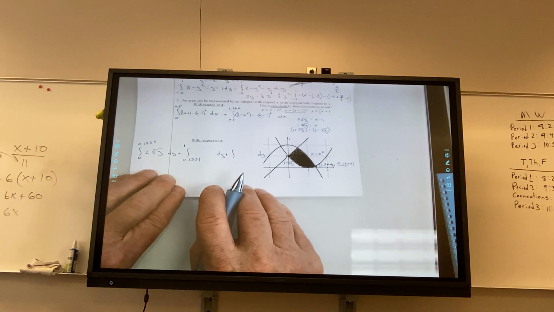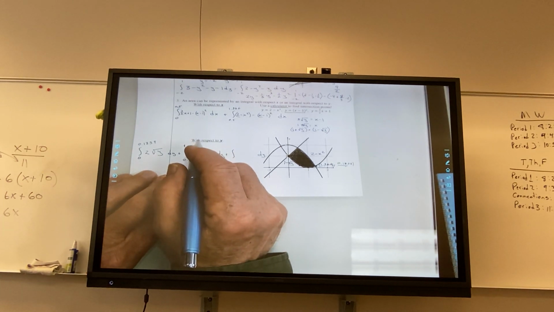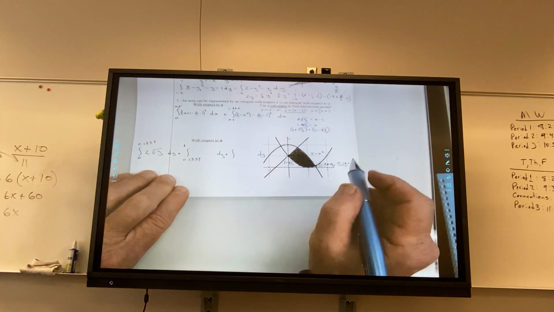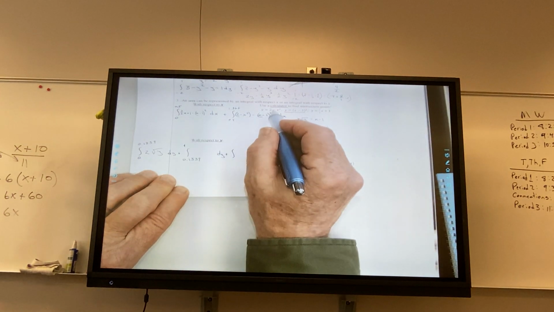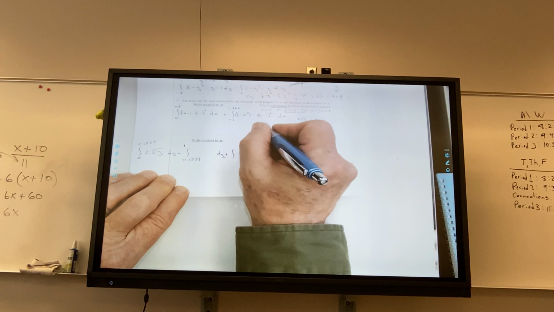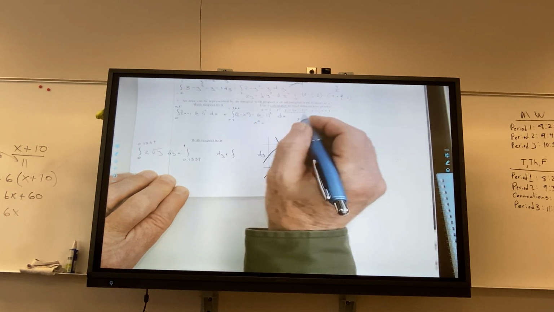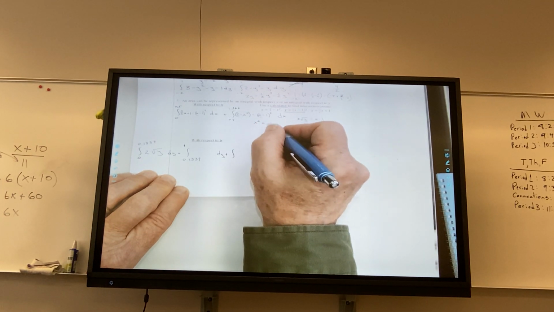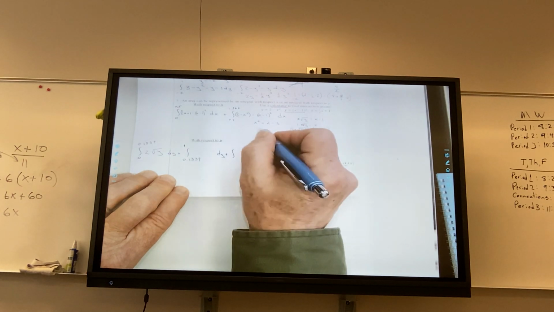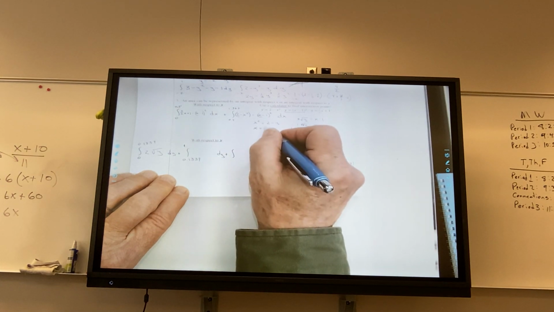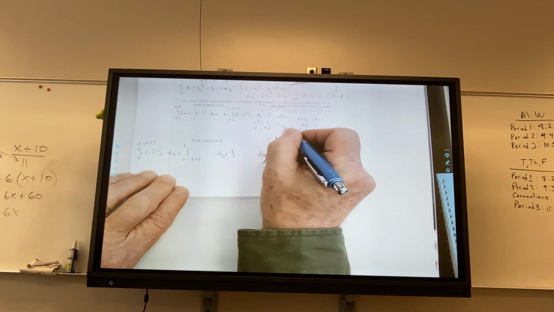Okay, so I'm going to write here, so I have to take this equation, and I got x squared is equal to 2 minus y. That means x is going to equal plus or minus the square root of 2 minus y.